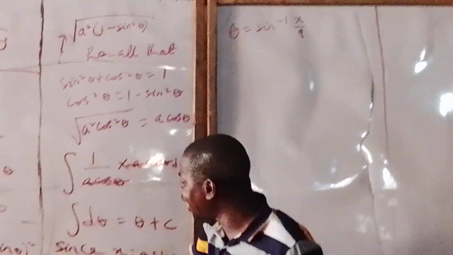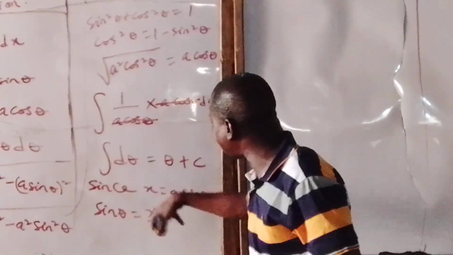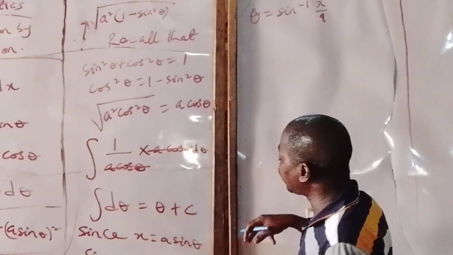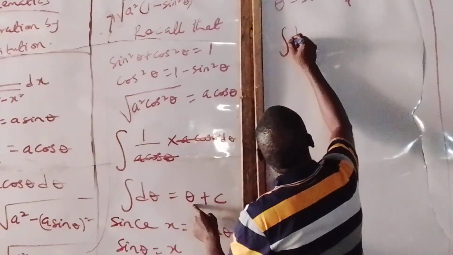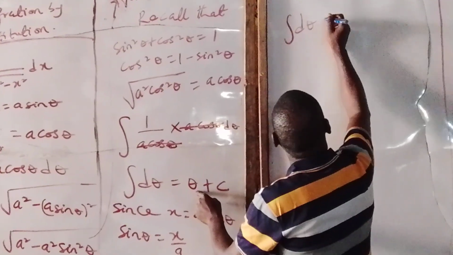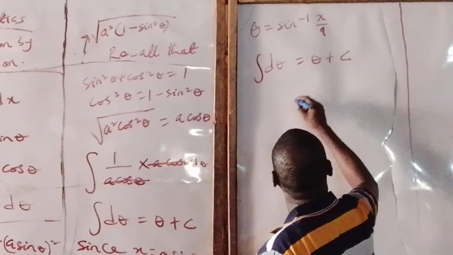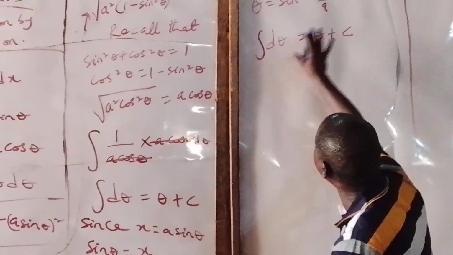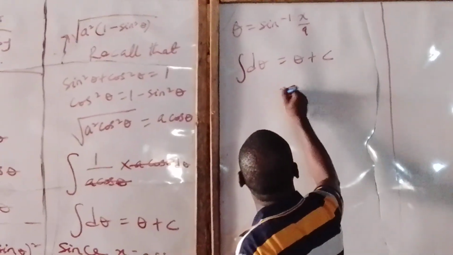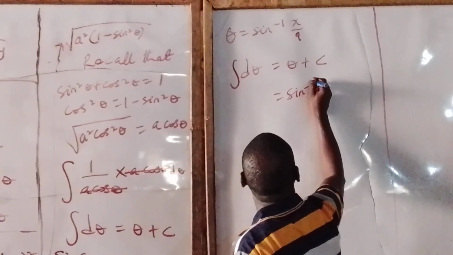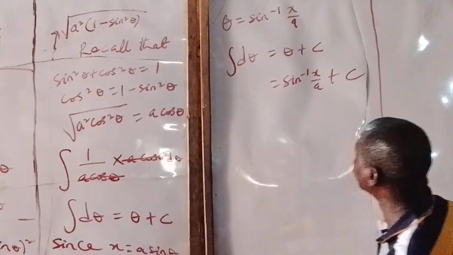So I have successfully written theta in terms of x. Therefore, my final answer, which was theta plus c, can be written as sine inverse of x over a plus an arbitrary constant.